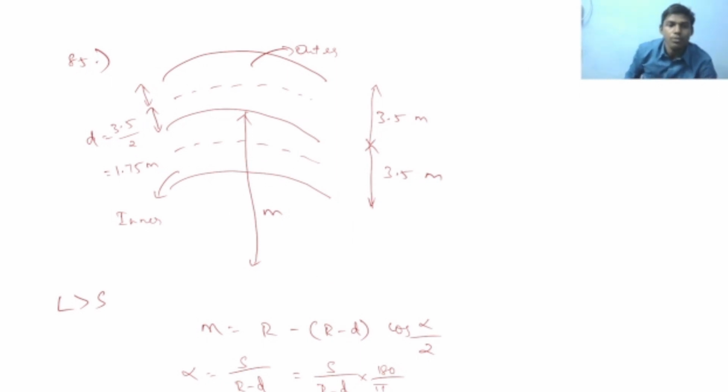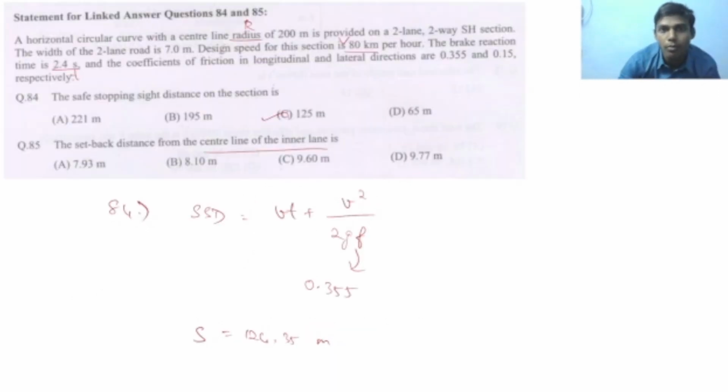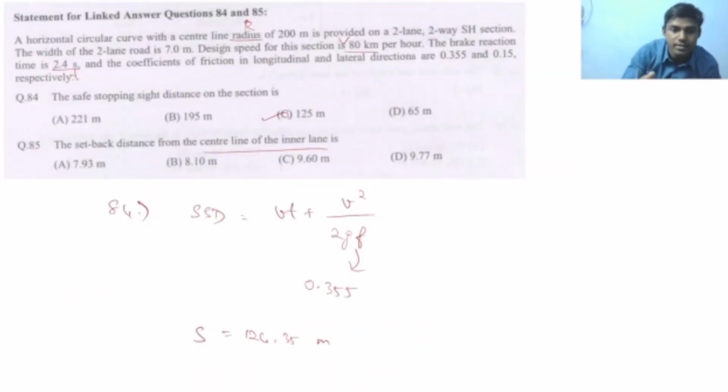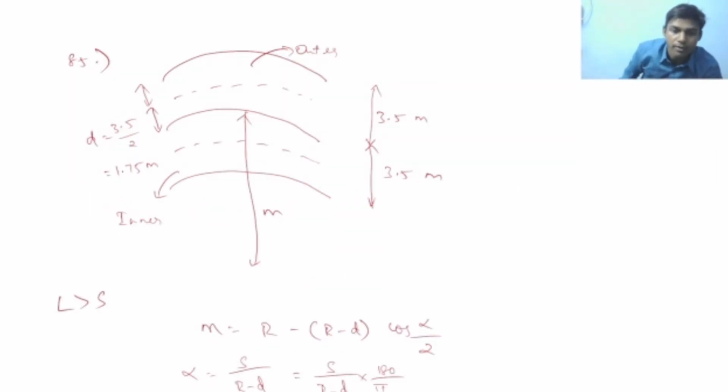Alpha is equal to 125 divided by 200 minus 1.75 into 180 degree by pi. So we will get all other answers. So m after calculation, we will get as 11.52 meter.